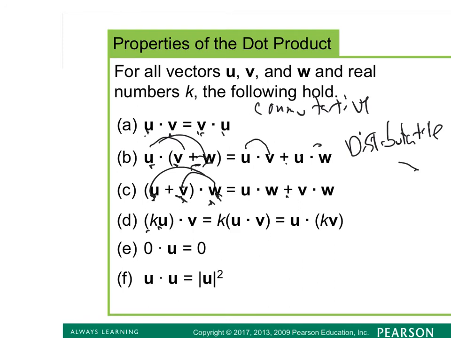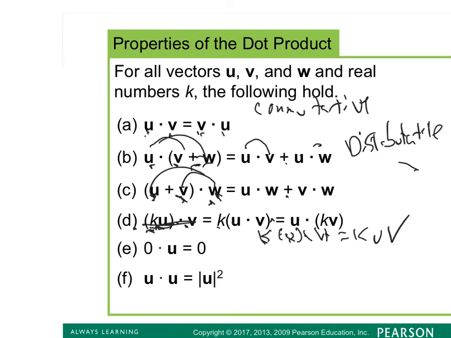K times (U dot V) is the same thing as (KU) dot V, because I could have pulled the K out. So K outside of U dot V is the same thing as K times U dot V. It looks the same, that number is just in there.